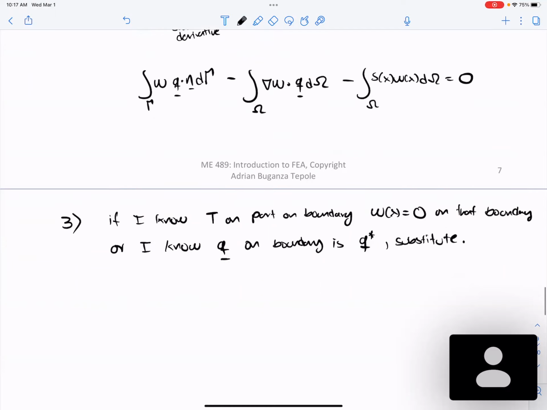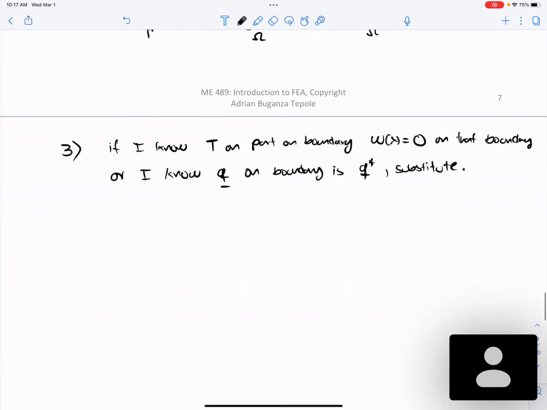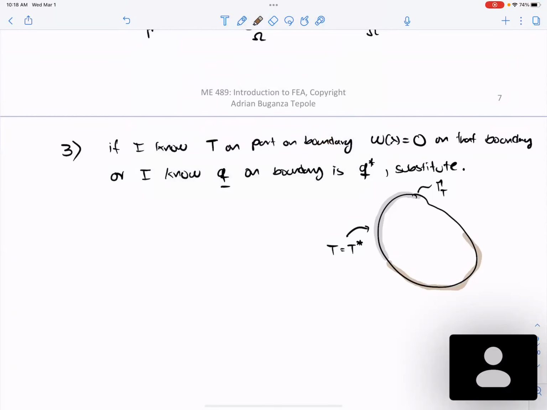Substitute. So just to remind, I have 3 minutes. I will barely have time to finish this. But there's part of the boundary where I know the temperature. So in this part of the boundary, I know the temperature. Let's say that here T equals T star. That part of the boundary, I'm gonna call gamma T. And there's other part of the boundary where I know the flux.